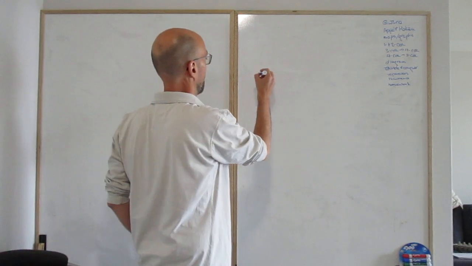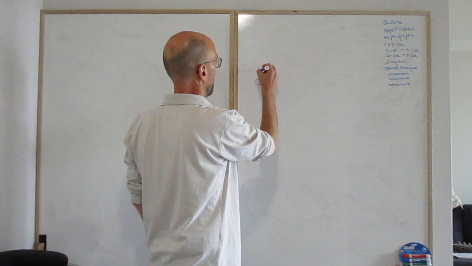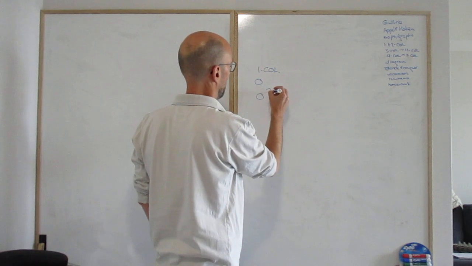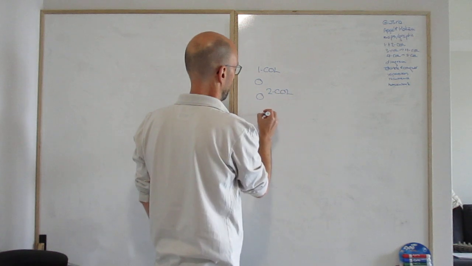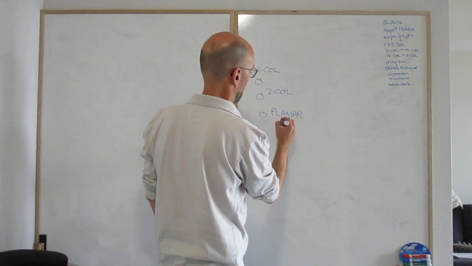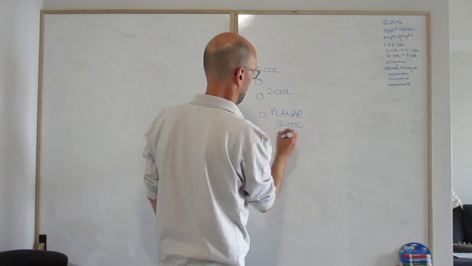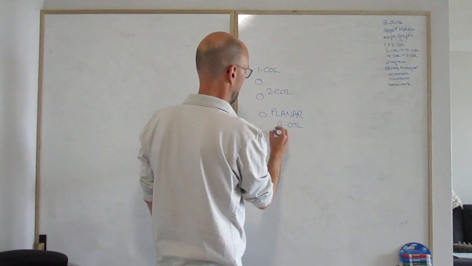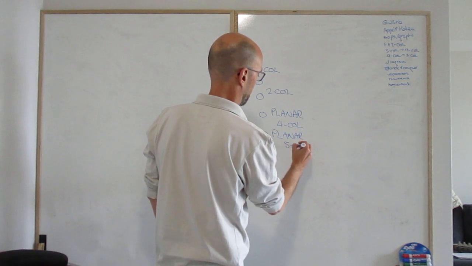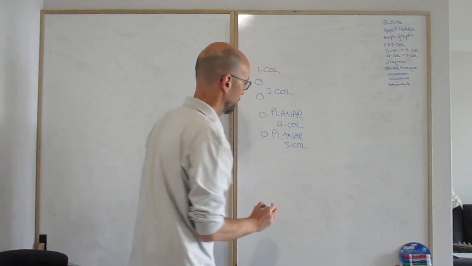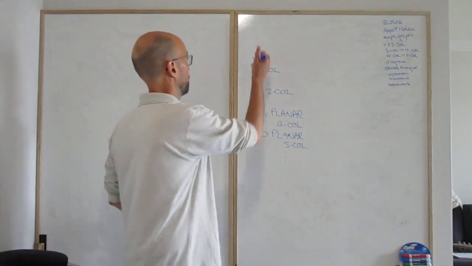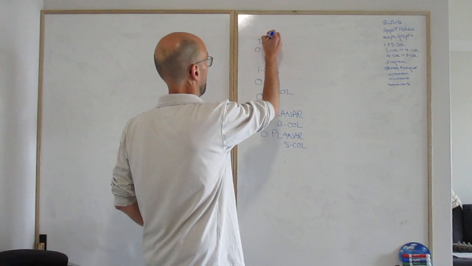You have one colorability, two colorability, you have planar four-colorability, and then planar five-colorability, and so on and so on. So as many of these as you want, and you also have things like Eulerian cycle.